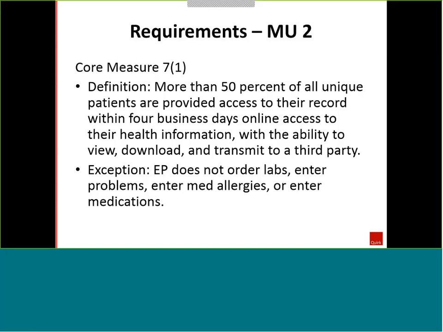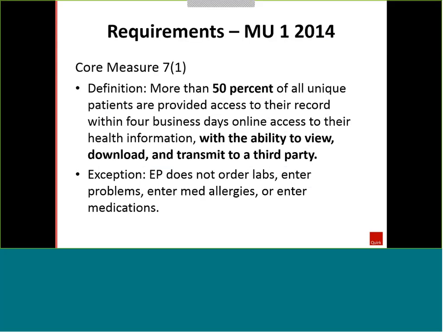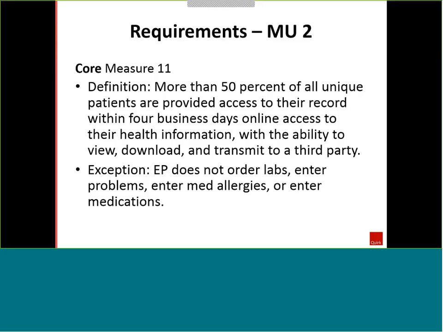If you notice the definition, it's a core measure, and they call it 7.1, or 7 subset 1. What that means is 50% of the people provided access to their record, exactly how it read on the previous slide for core measure 11, but now for Meaningful Use Stage 2. It's the exact same piece, but then there are 2 more requirements, and I'll show them to you here.